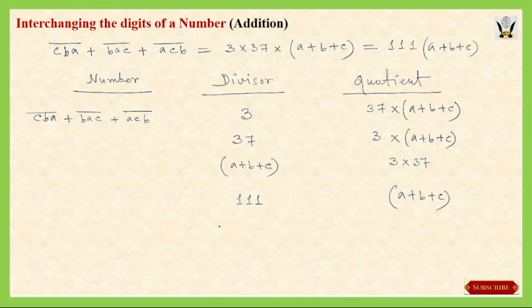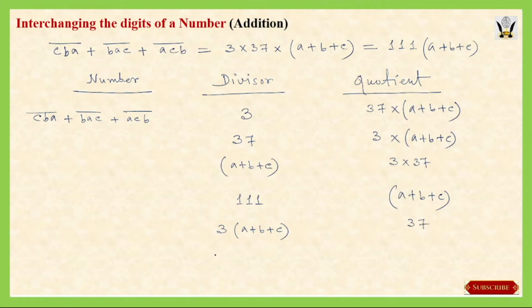Right. Now suppose we take a divisor like 3 multiplied by a plus b plus c, then what will be our quotient? We are dividing by 3 multiplied by a plus b plus c, so the quotient will be the remaining factor that we have, and that is 37.